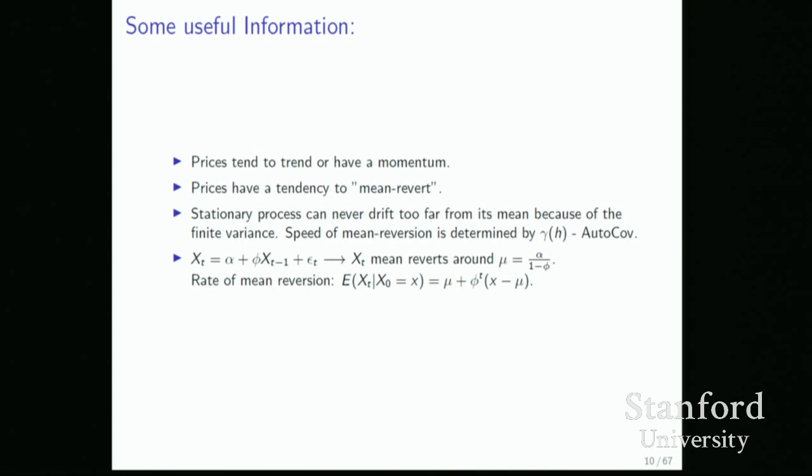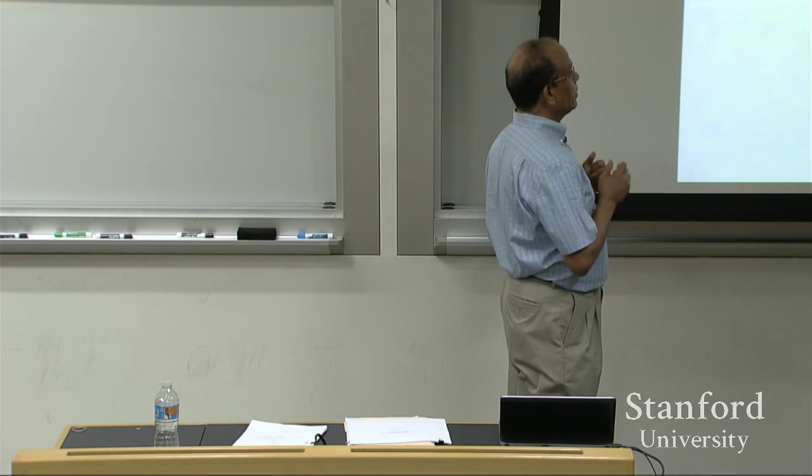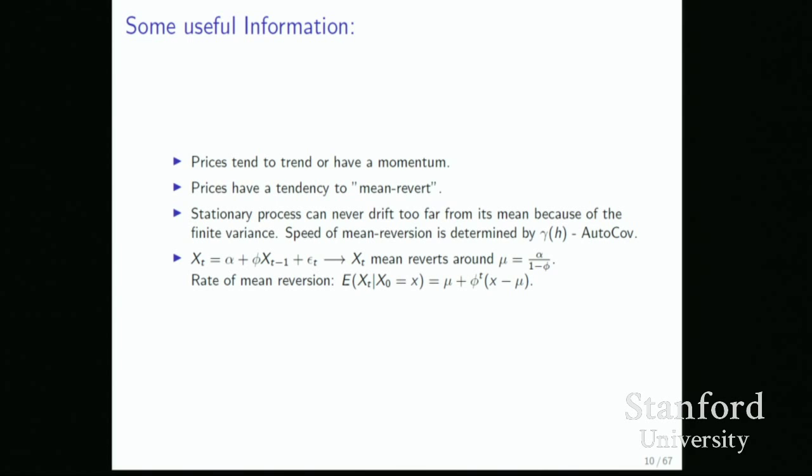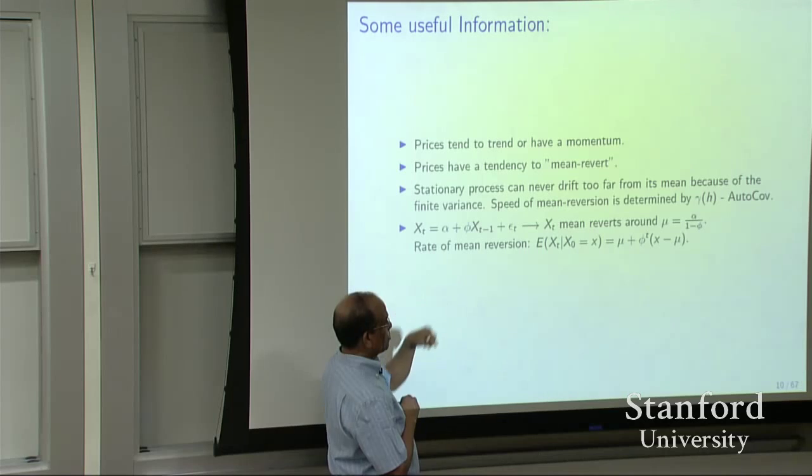Usually for non-stationary processes, we are going to find some sort of differencing process that will make it stationary, so that we can use again this concept of mean reversion. If you look at this AR(1) process, you can show that it mean reverts around the quantity mu, which is the average of x_t, given by the constant term alpha divided by 1 minus pi.